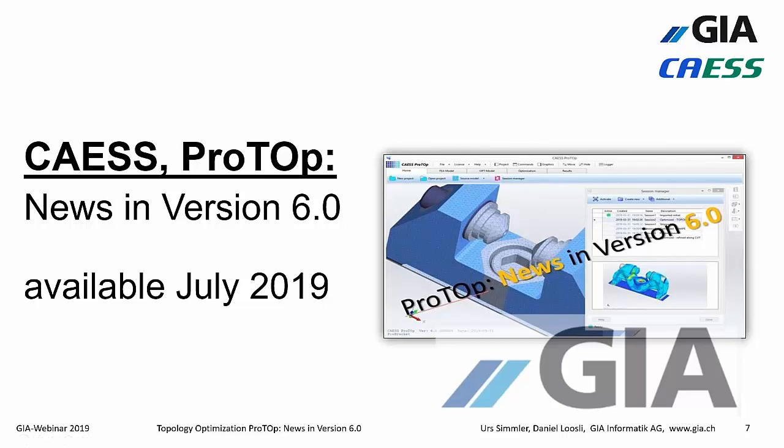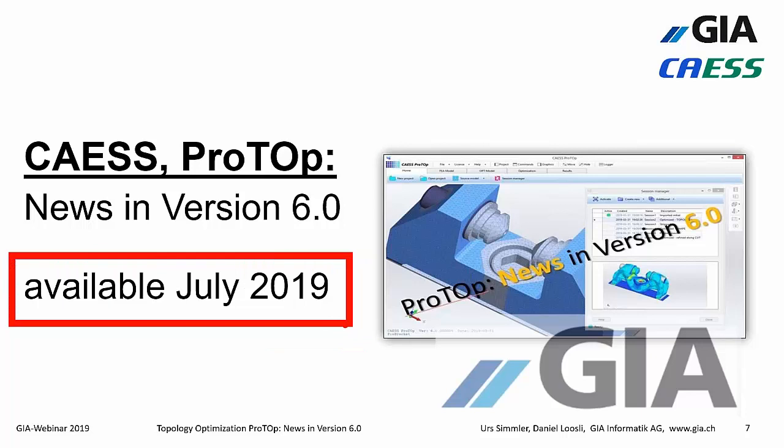So let's have now an overview of the news in ProTop 6.0. ProTop 6.0 will be released in July 2019. Right now I'm working with a beta version, and in this beta version there is no help functionality in it. The other functionality is about 97% in it, but on this version I cannot yet show you the help file.